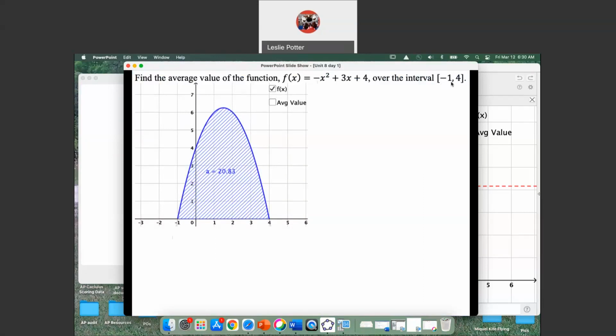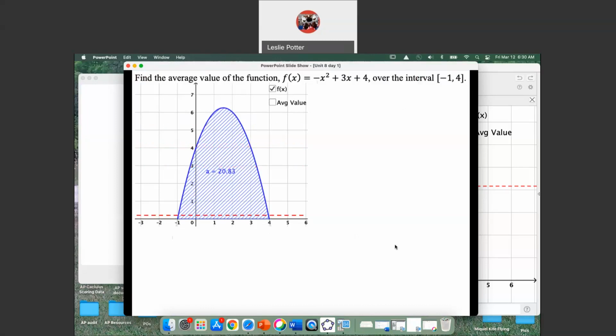If we look at the function's values over this domain, they range anywhere from 0 to a little over 6. So if we have all of those function values, then what is the average value?